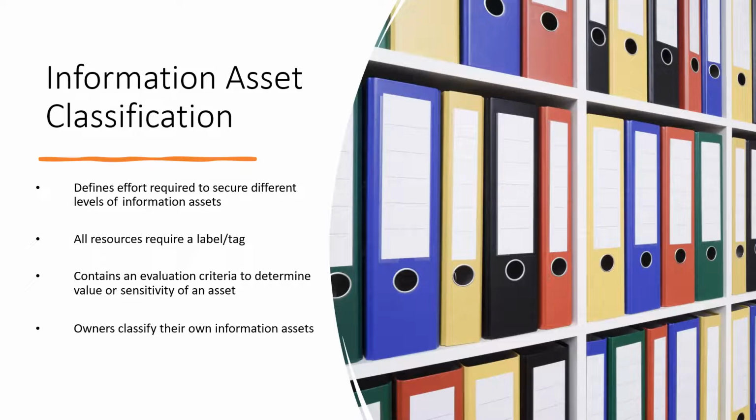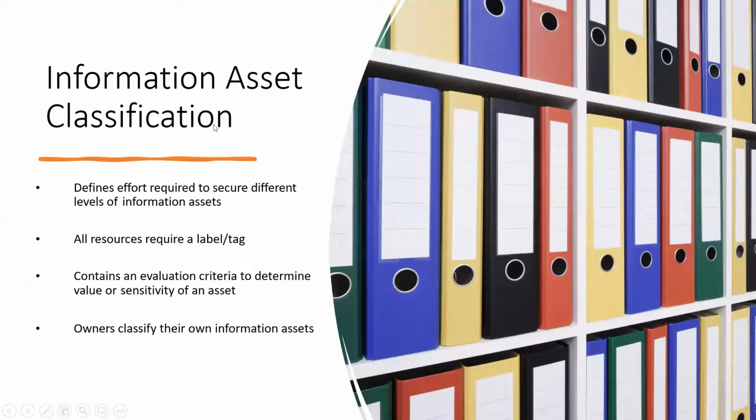So we wouldn't apply the same security controls to information that we publish on our public-facing website. We wouldn't secure that information because the information is public. However, we would secure our customer data, our employee personal data. We'd secure that.